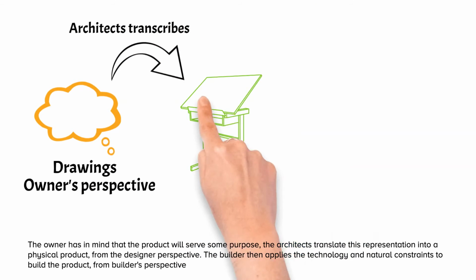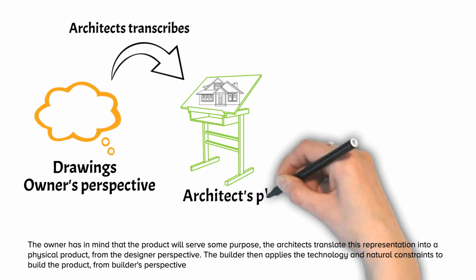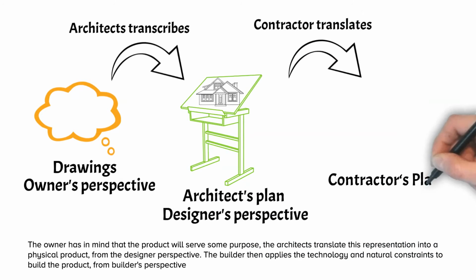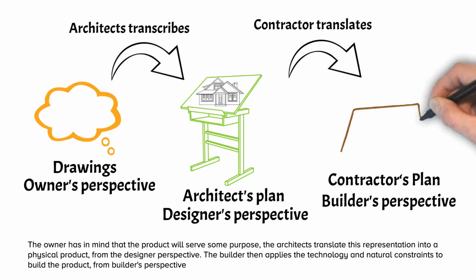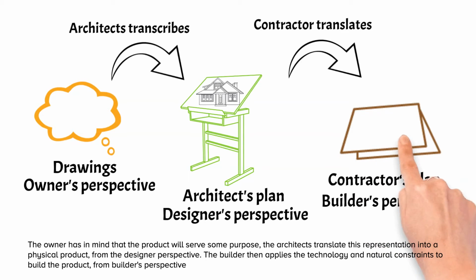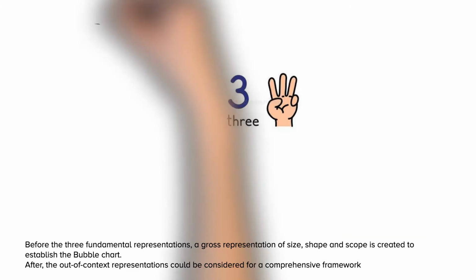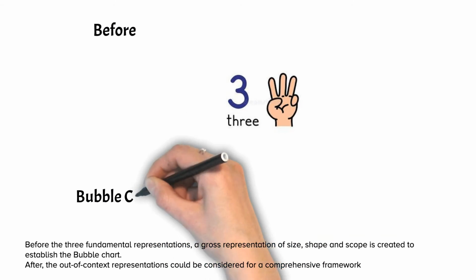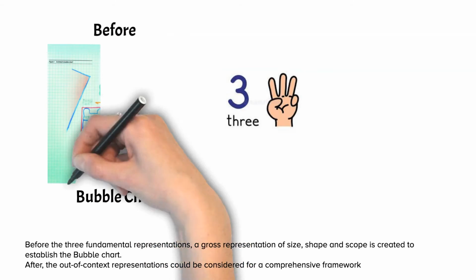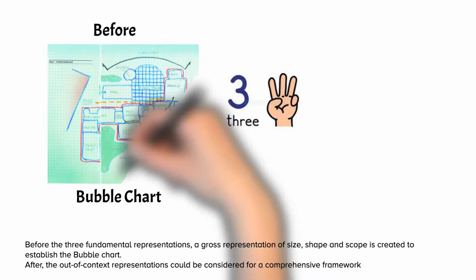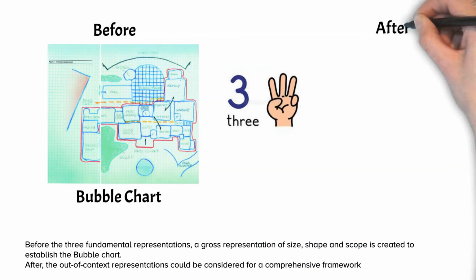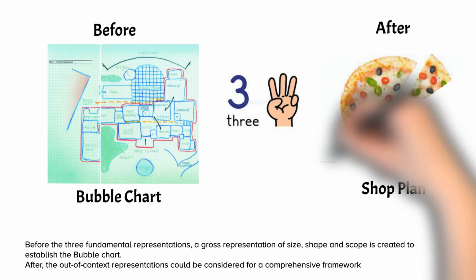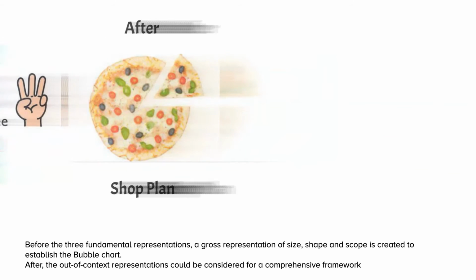The architect translates this representation into a physical product from the designer's perspective. Then the builder applies technology and natural constraints to build the product from the builder's perspective. Before the three fundamental representations, a gross representation of size, shape, and scope is created as the bubble chart. After, the out-of-context representations could be considered for a comprehensive framework.